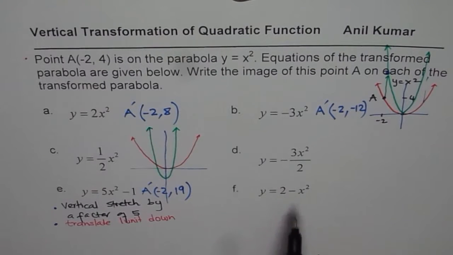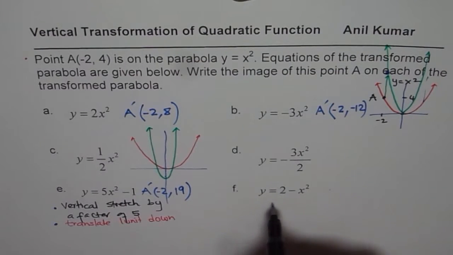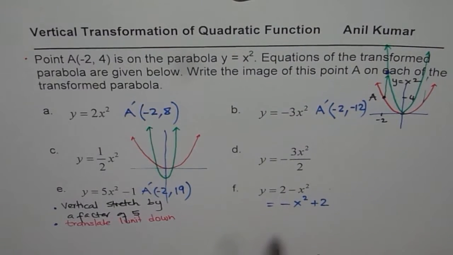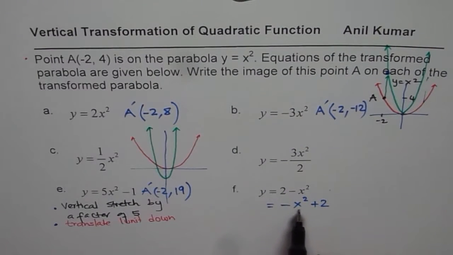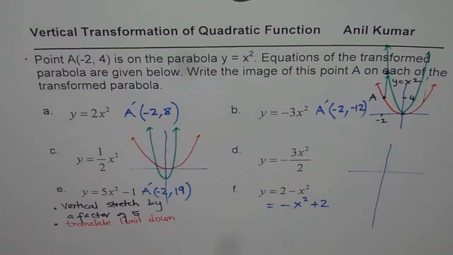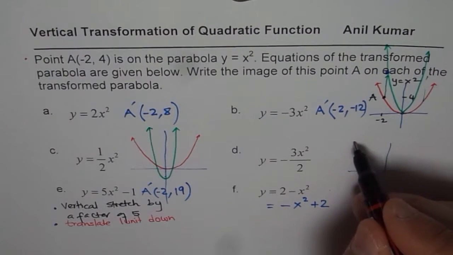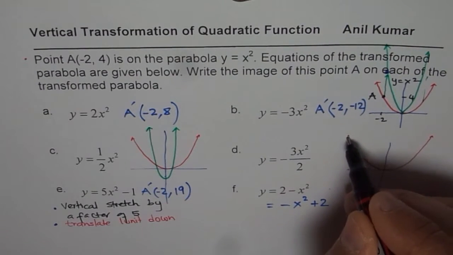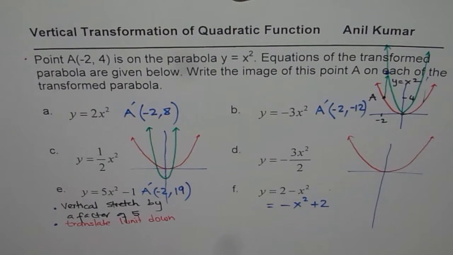In this case, it's kind of tricky. Think like this. What we have here is minus x squared plus 2. That means the x value remains the same, but the y value gets multiplied by minus 1 and then you have to add 2. So basically in this particular case, the graph moves something like this. This is, let us say, your original graph, right? Now the graph remains in the same shape.